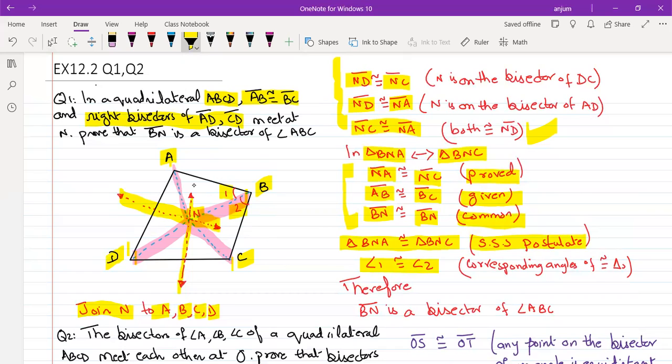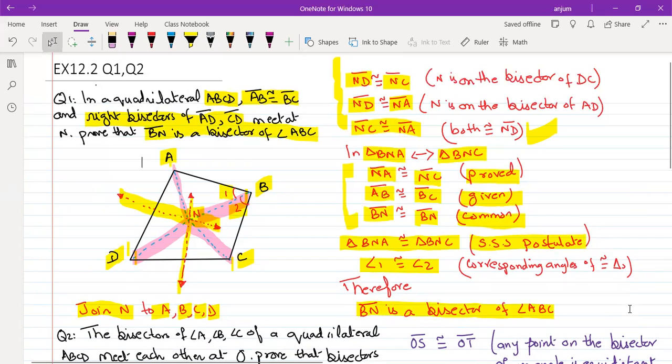So the moment we prove that angle 1 is congruent to angle 2, it means that this angle B is bisected into 2 equal parts, angle 1 and angle 2, and it's proved that BN is a bisector of angle B, and that is what we had to prove. So by proving that angle 1 is congruent to angle 2, we have proved it.